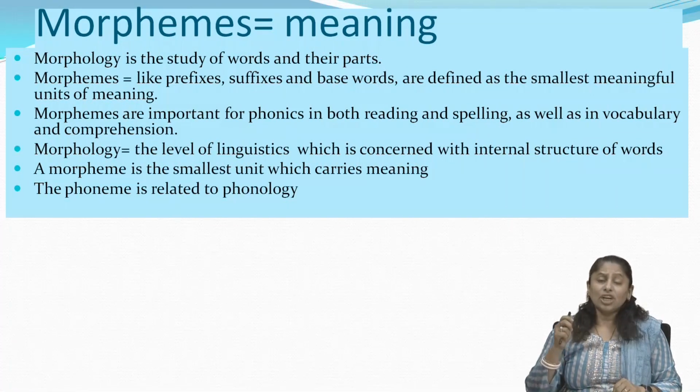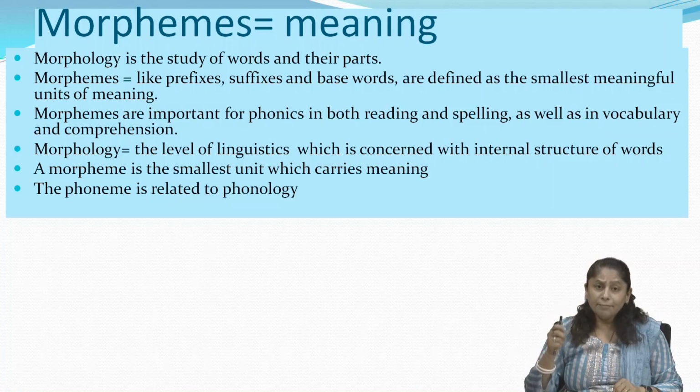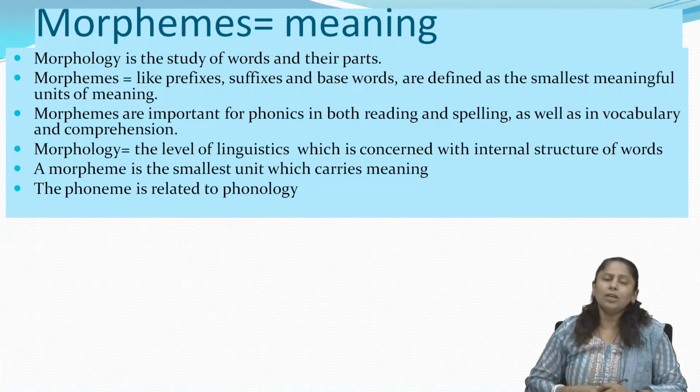Words are studied in different kinds, in different parts, in different types as well. For example, morphemes like prefixes, suffixes, and base words are defined as the smallest meaningful units of meaning.